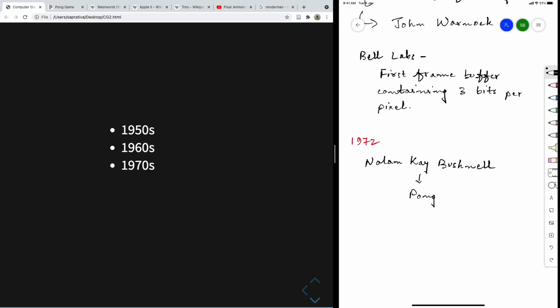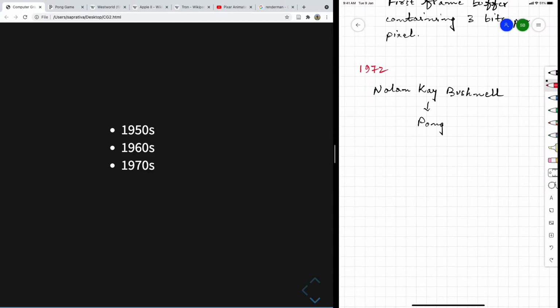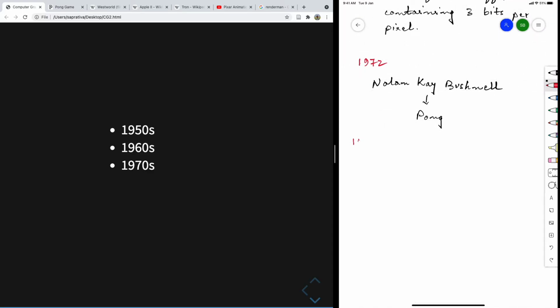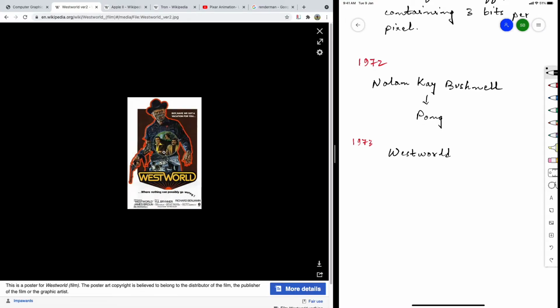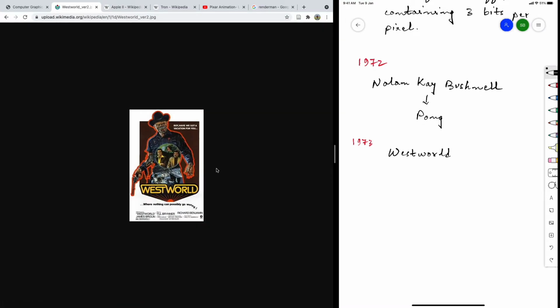Yeah, let me go back here. Then in 1973, the first film with computer graphics was released, and it was named Westworld. So let us see what was this first film. This was the first film which used computer graphics, and it was called Westworld.